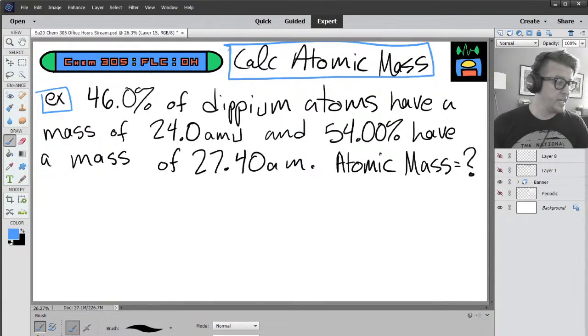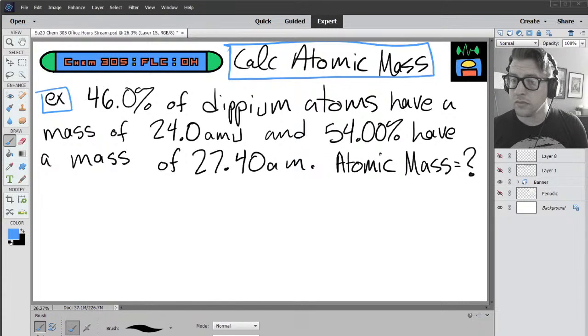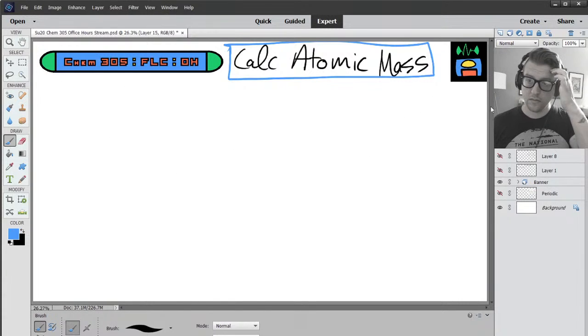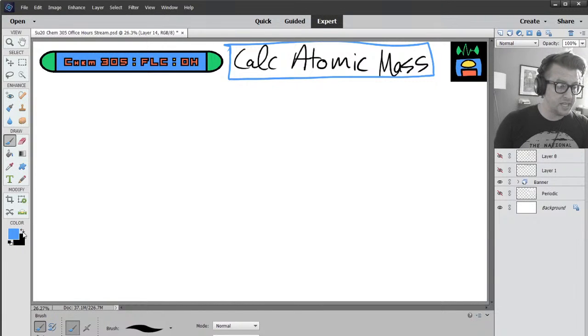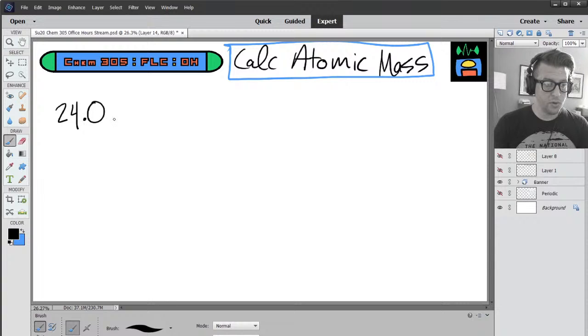So let me pause right there so I can grab this problem. All right, we take our first atomic mass, which was 24.0 AMU, and multiply this by the percent abundance as a decimal.